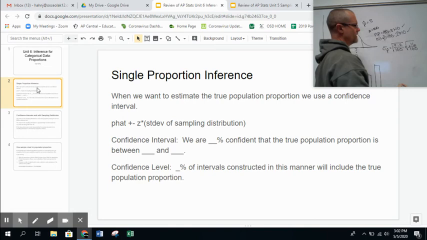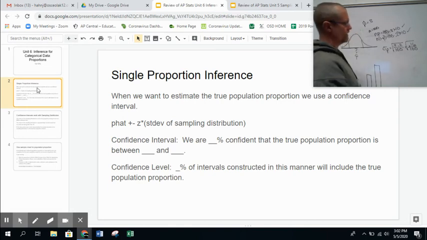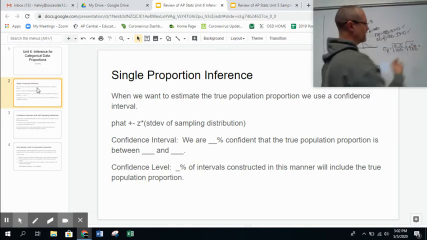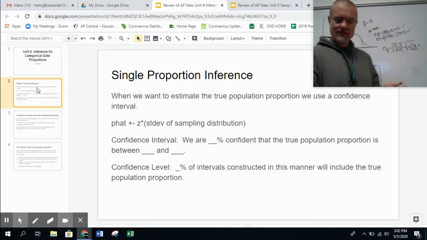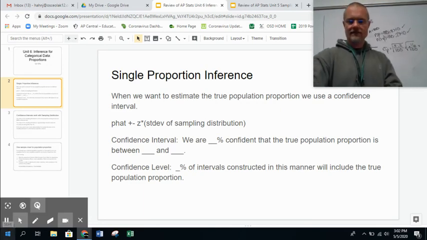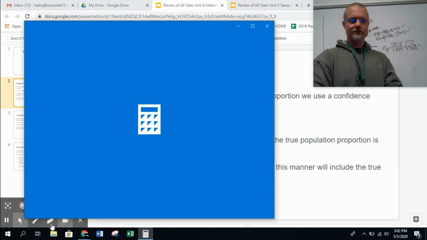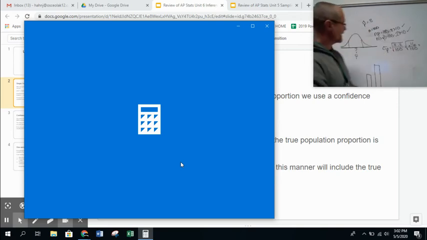Let's do the calculator. I think I know what that value is, but I would hate to do it wrong for you. So again, let's come back to here.